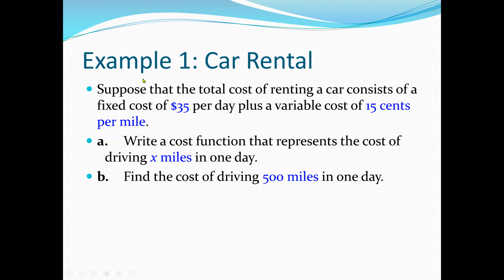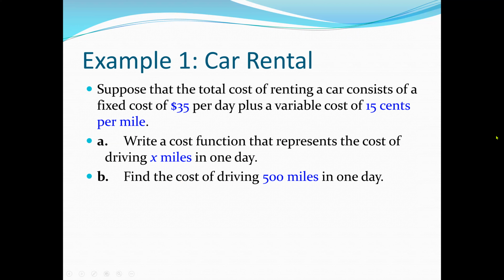So let's start with our first example here. The example says, suppose that the total cost of renting a car consists of a fixed cost of $35 per day. A fixed cost means that when you rent a car today, whether you drive it or not, you have to pay $35. Then we have a variable cost of 15 cents per mile.